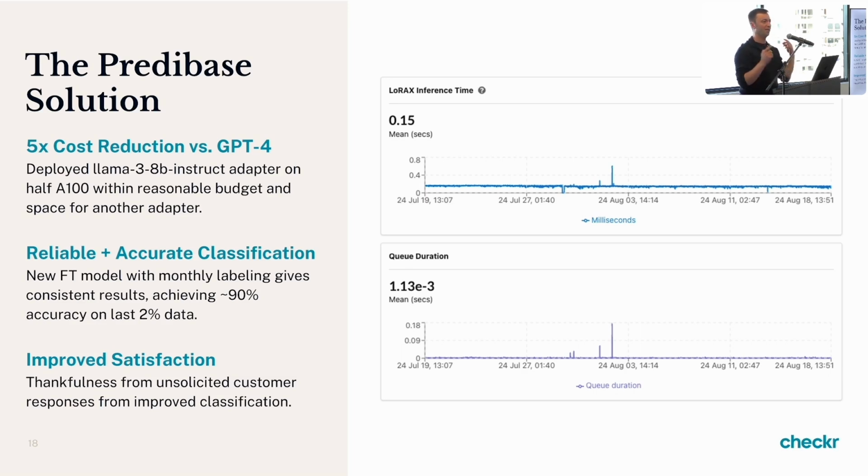I forgot to mention, I really like that Predibase has the vendor prompts, the prompt templates, on their own website. So it's really nice to be able to just use a standard prompt template when fine tuning. And so I have a half A100 with reasonable budget and space for another adapter for more solutions that Checkr has, which is really nice.